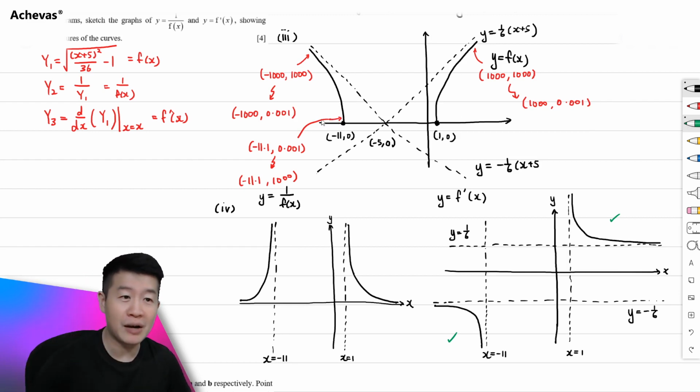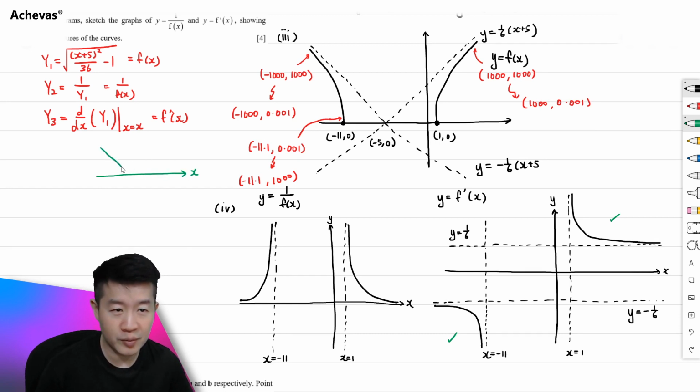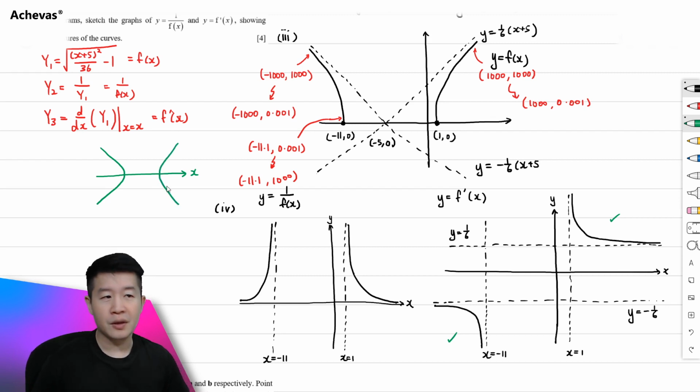In fact, it is the top half of the hyperbola, which means that for this hyperbola, if I were to be drawing here, I will be looking at something that is like this, and like this, which means that at points like here, -11 and 0, the tangent is going to be vertical.